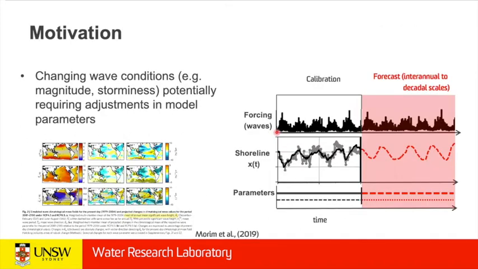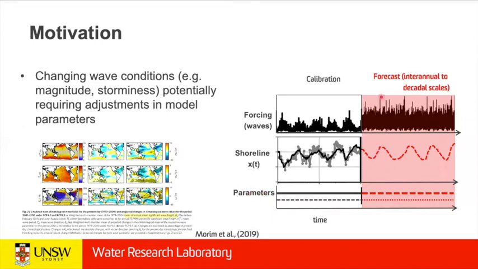So as a motivation, in the current context of climate variability, where we are expecting future waves to change not only in magnitude but also in terms of their storminess characteristics, we could argue that if we want to predict future shoreline variability, we would need to potentially adjust our model parameters into the future.